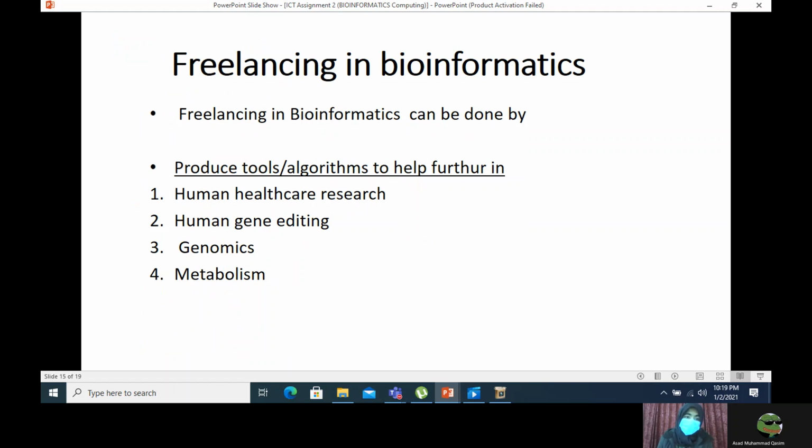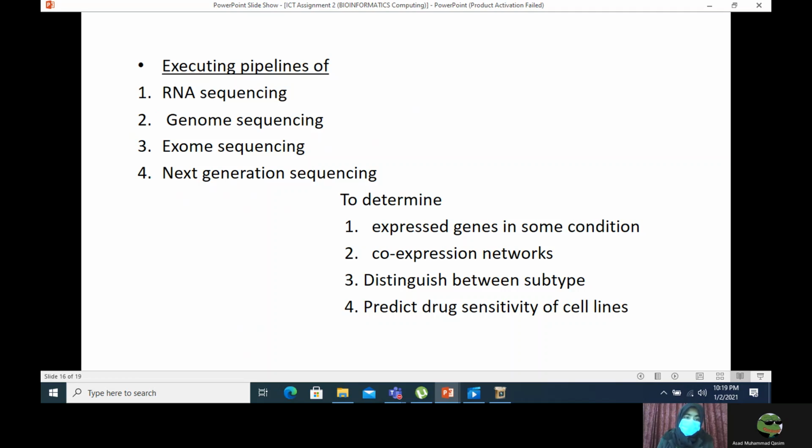One can produce tools and algorithms to help further human healthcare research, human gene editing, genomics, metabolism, etc. And number two, we can execute pipelines of RNA sequencing, genome, exome, and next generation sequencing to determine expressed genes in some conditions, co-expression networks, distinguishing between subtypes, predict drug sensitivity of cell lines, and so on. There are so many things to be done in freelancing, but these two are the main ones.